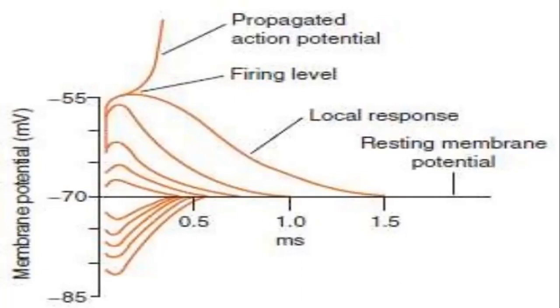Here the membrane starts participating, that is, channels open up. At minus 55 millivolt, you can see in this picture, is the firing level, and there is generation of an action potential.